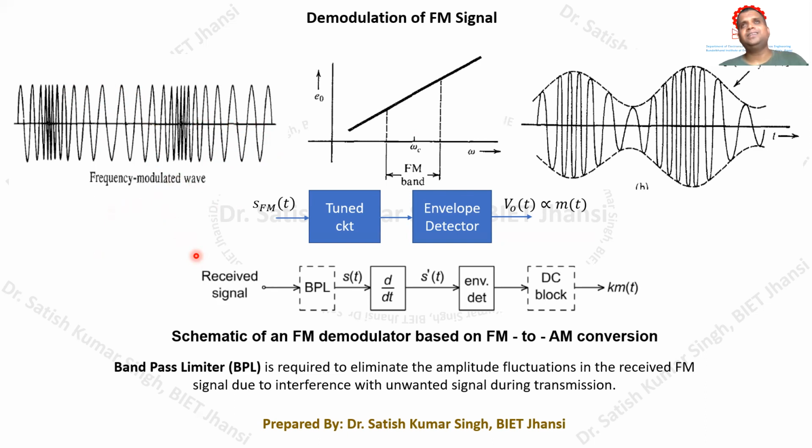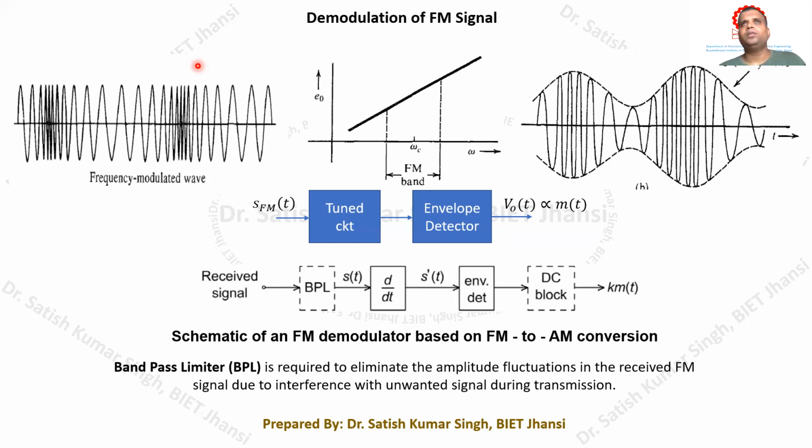Whenever Ac(t) is a time dependent parameter, and we pass these signals directly through the differentiator or a tuned circuit, then the output will have a certain amount of distortion. You are going to get a distorted output, because we have not eliminated the time dependence of the amplitude of the FM signal.